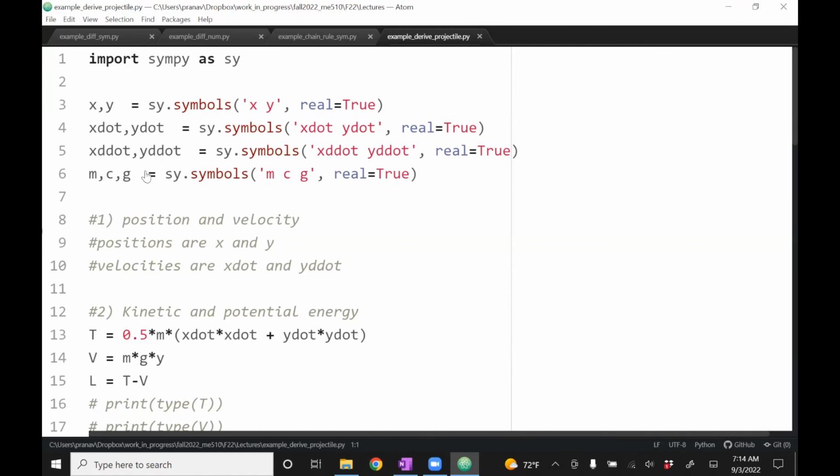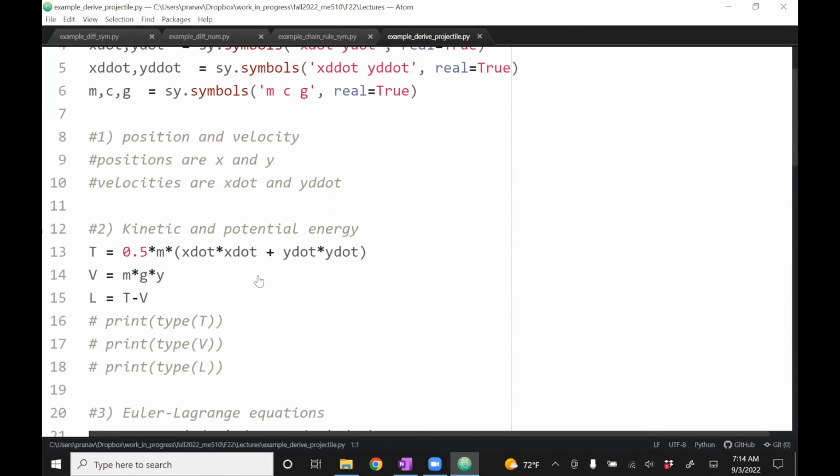Here I also put in the parameters mass, damping, and gravity as symbolic variables. Now I had a recipe there. The first step in the recipe for computing the equations was to find the positions and velocities. In this case, you don't really need to do anything because they're already defined as symbolic variables x, y, ẋ, ẏ. Next, compute the kinetic and potential energy.